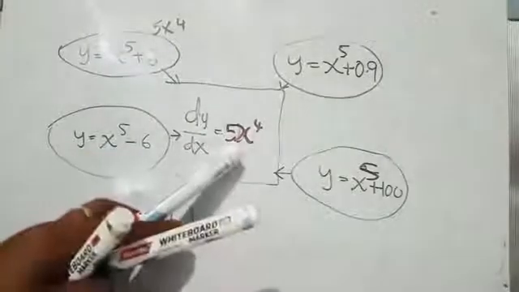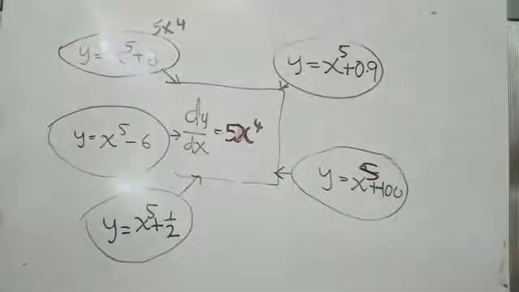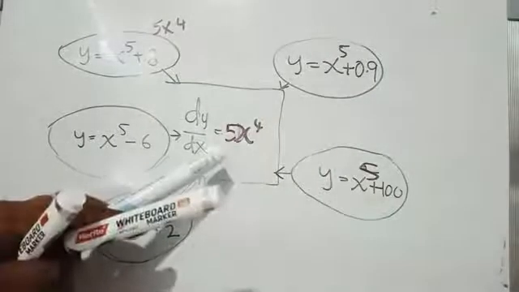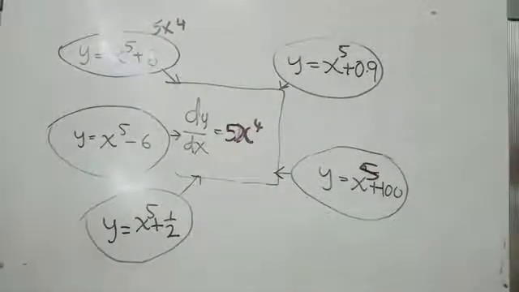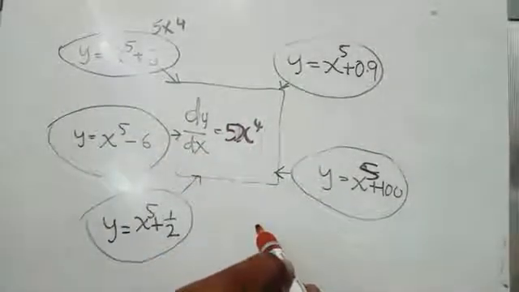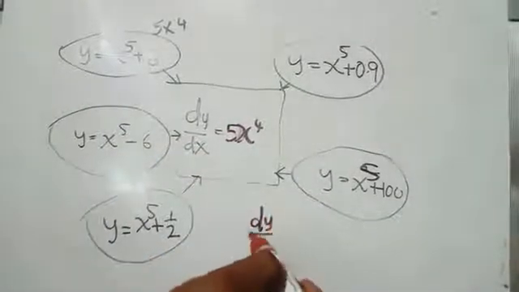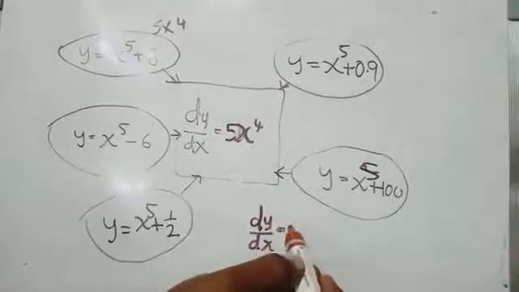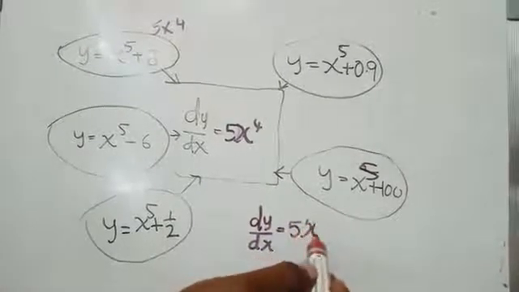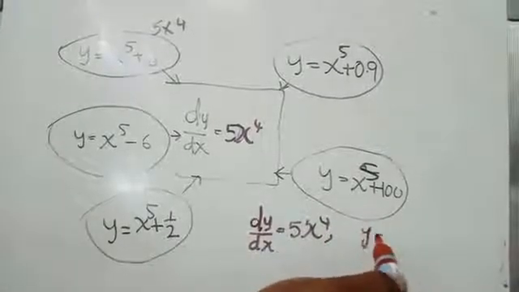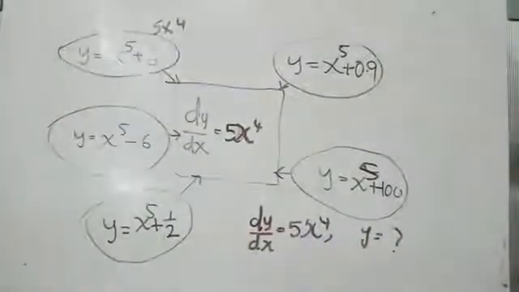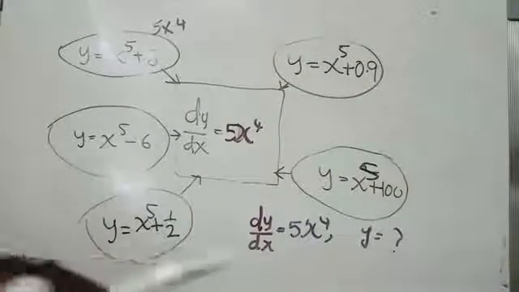Is it the derivative of only these 5 functions? No, it is the derivative of infinitely many functions. Okay, so if the question is dy by dx is equal to 5x raised to 4, and you want to find out y, they have given dy by dx.